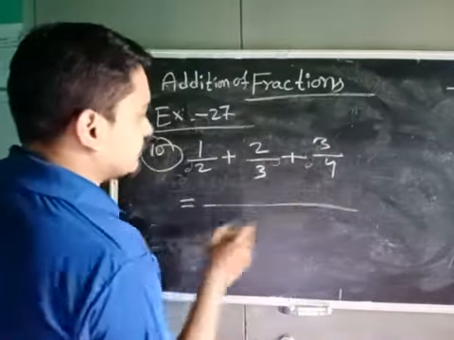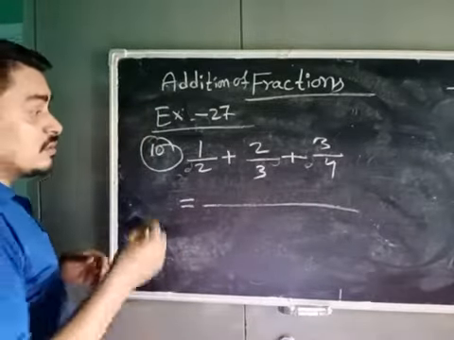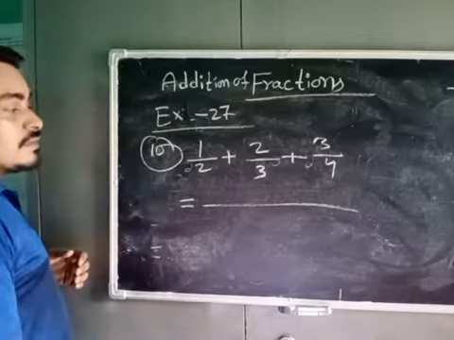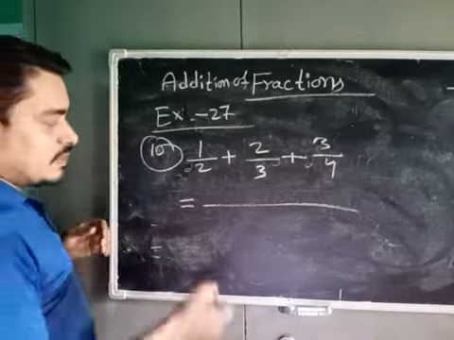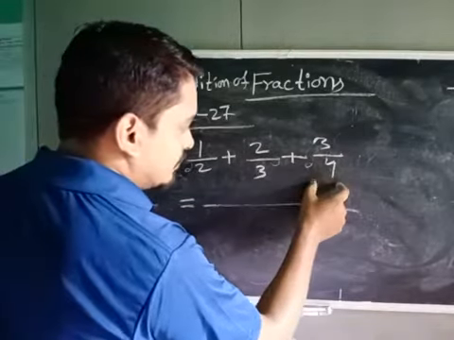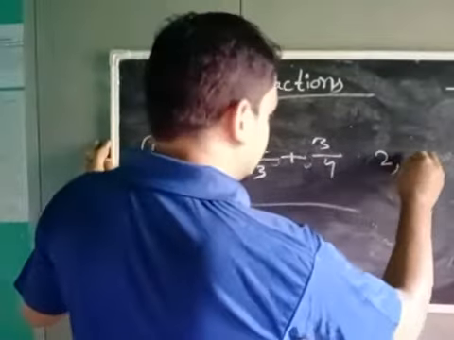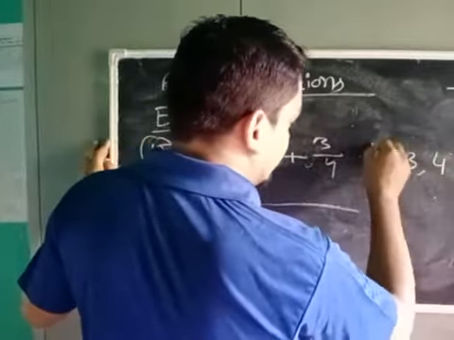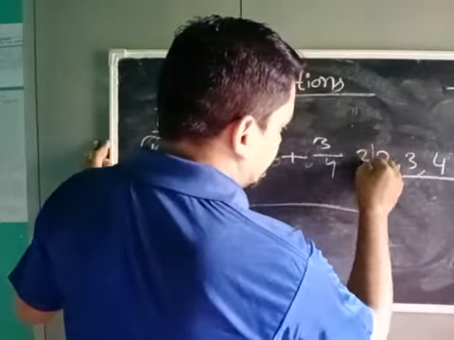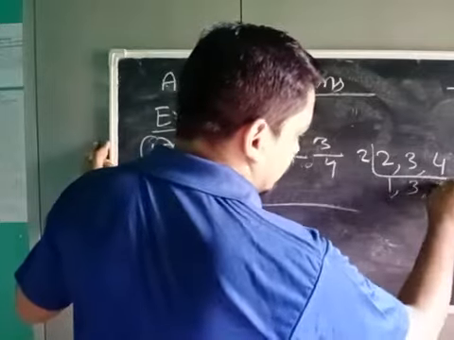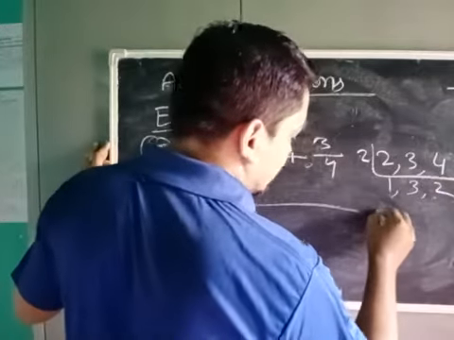So here you will observe that 2, 3 and 4, that means these are not like fractions. So what to do here? 2, 3 and 4. We have to find out the LCM. So if we divide by 2, what we will get? 2 1 is 2. Here 3 we cannot divide. 2 2s are 4.